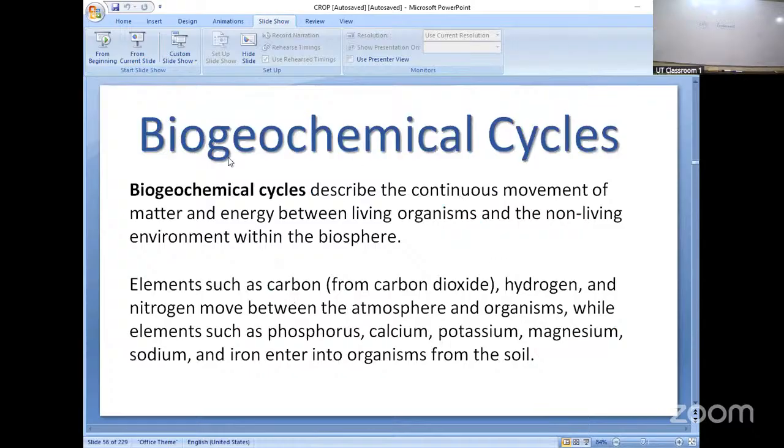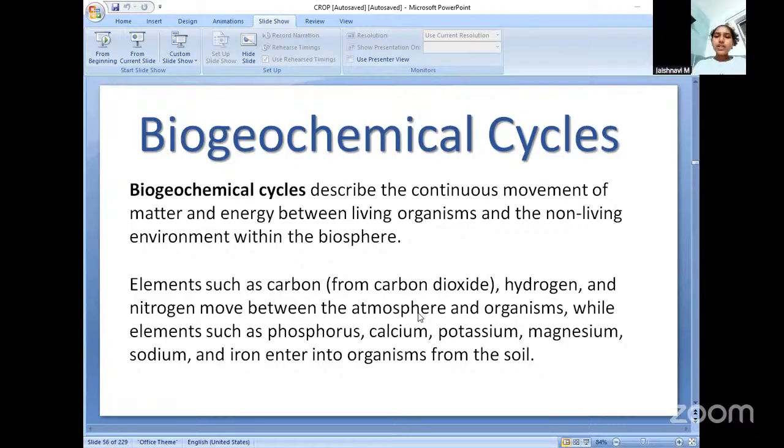Now let us come to the biogeochemical cycles. They describe the continuous movement of matter and energy between living organisms and the non-living environment within the biosphere. Elements such as carbon, hydrogen, and nitrogen move between the atmosphere and organisms. What is the composition of air?